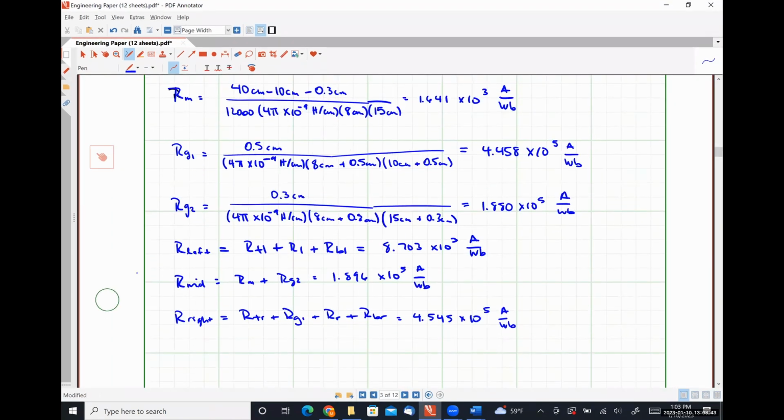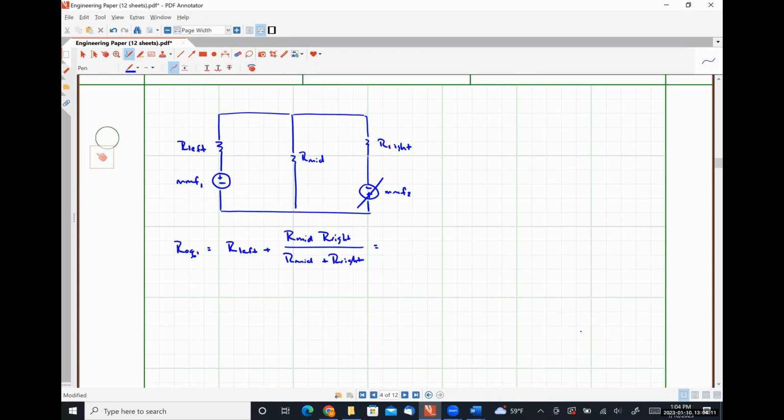So that's going to be 8.703 times 10 to the 3 plus 1.896 times 10 to the 5 times 4.545 times 10 to the 5 over 1.896 times 10 to the 5 plus 4.545 times 10 to the 5. I got 1.425, if I type this into my calculator correctly, times 10 to the 5 amps per Weber.